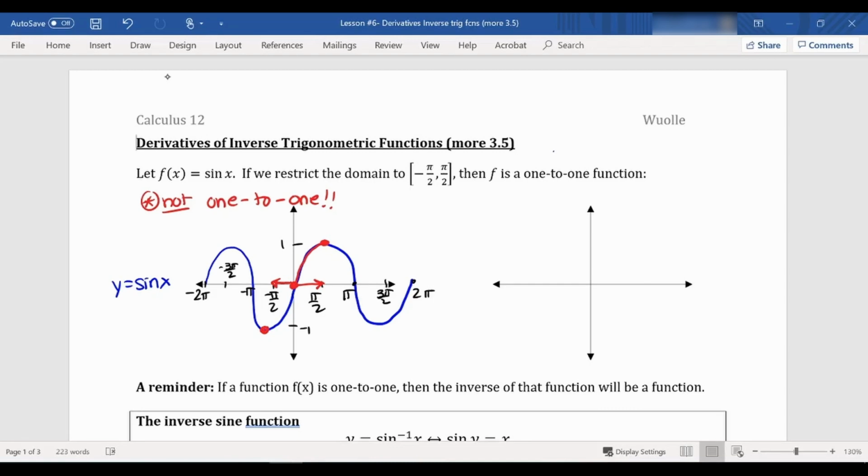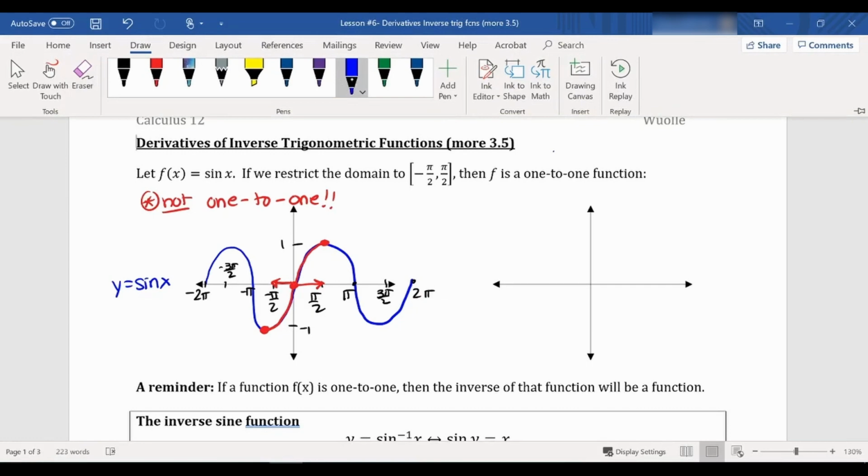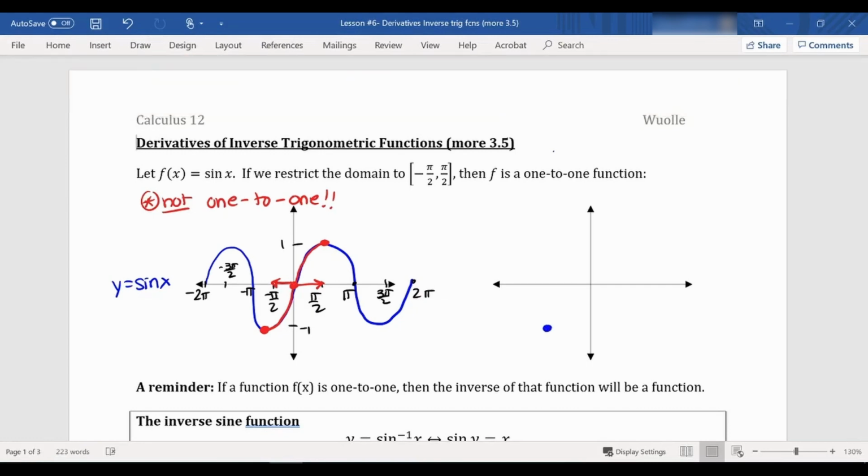Again, once I get down to this negative 1 y value, as soon as I round that corner and head back up the curve, I'm getting multiple y values that are the same as each other. So I can't do that; I'd have to stop here. If I were to redraw this from negative 1 up to 1, I'd be going from negative pi over 2 to pi over 2 and it would be a 1-to-1 function.